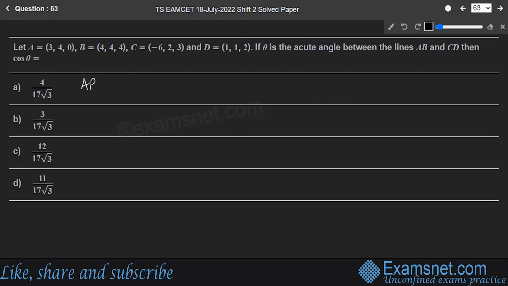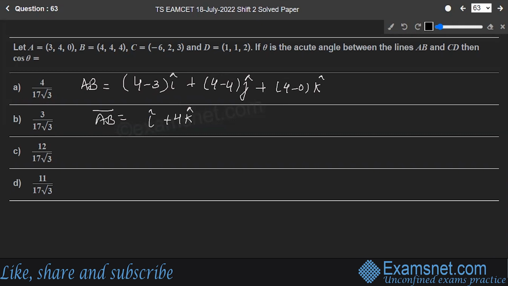So, the AB vector is given by (4 minus 3)i plus (4 minus 4)j plus (4 minus 0)k. That gives me i plus 4k as the position vector for AB.